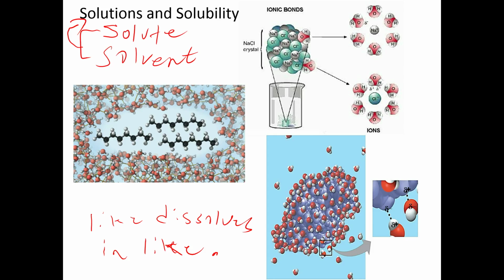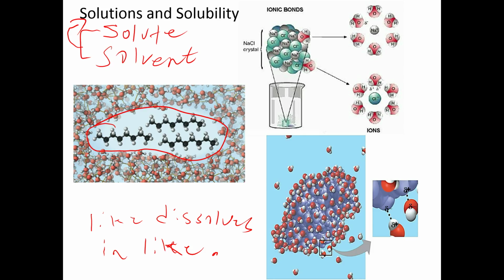On the other hand, you can have a situation where a substance is insoluble in a solution. It's kind of like trying to mix, for instance here, these hydrocarbons, chains of hydrocarbons.